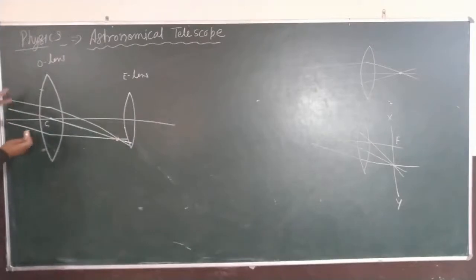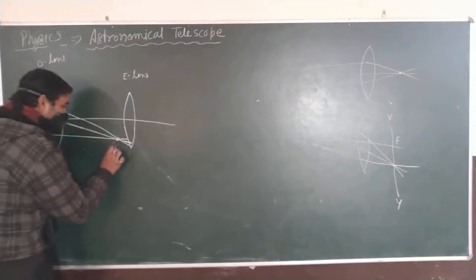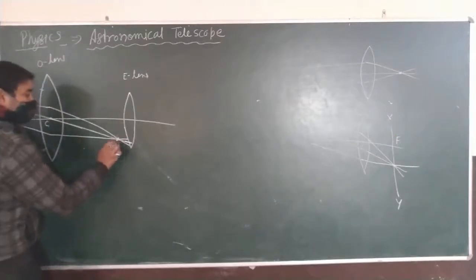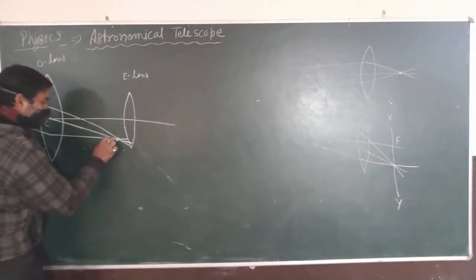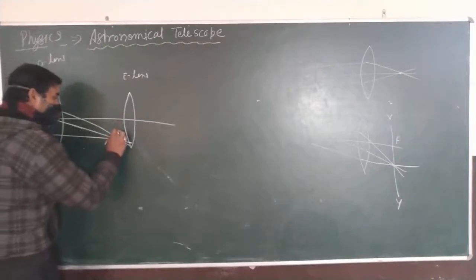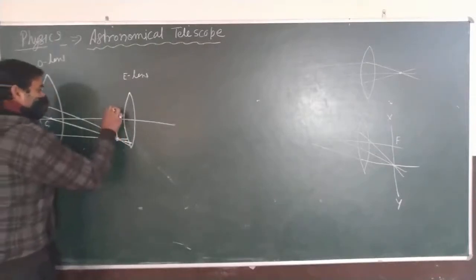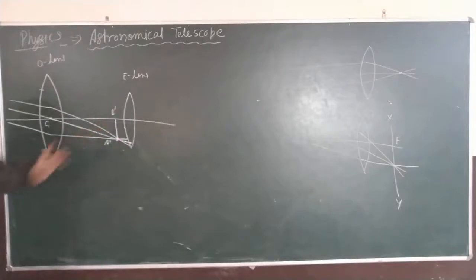Suppose an object is placed at infinity and the rays are coming from point A; then A dash B dash is the image of the object at infinity.